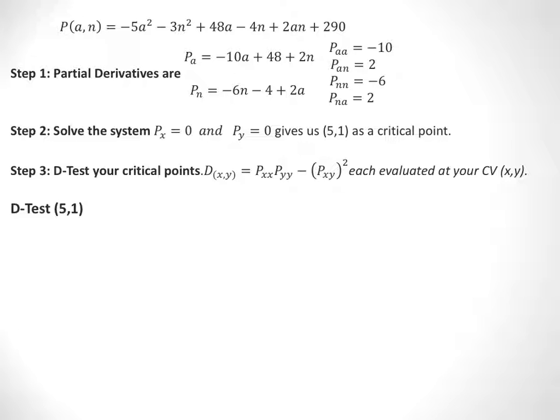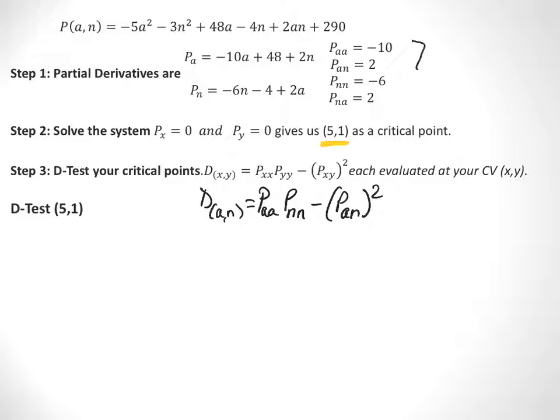All that information has been gathered together. Here again is our critical point. So the next thing we want to do is the D-test. And for the D-test, we are looking at the D, and we have variables a and n. So we are looking at p sub AA, p sub NN minus the mixed partial squared.